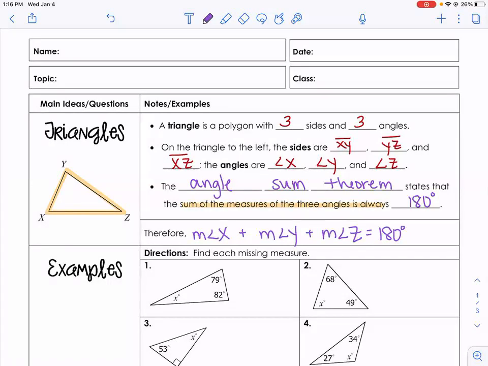Angle X is naming it. The measure is saying how big it is. Okay.